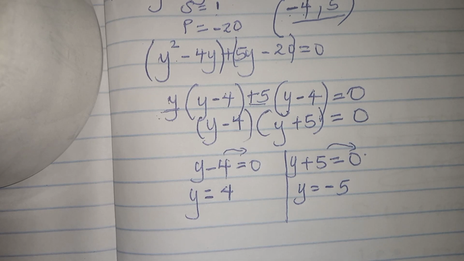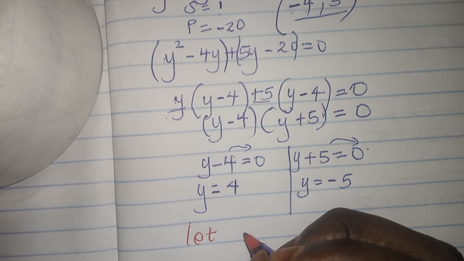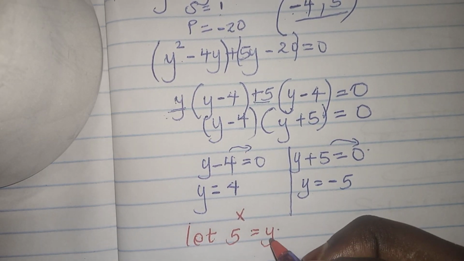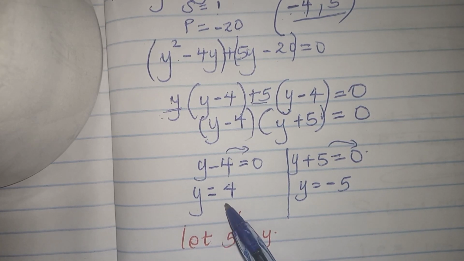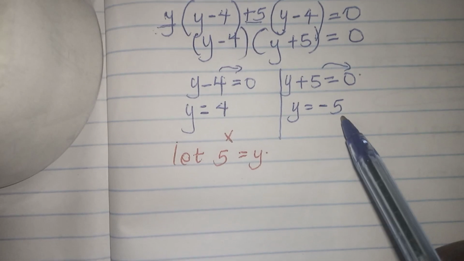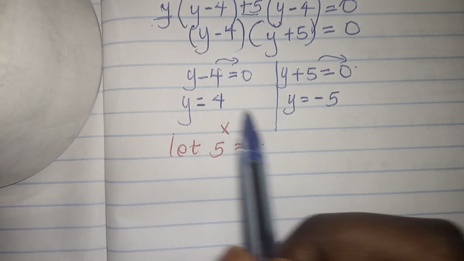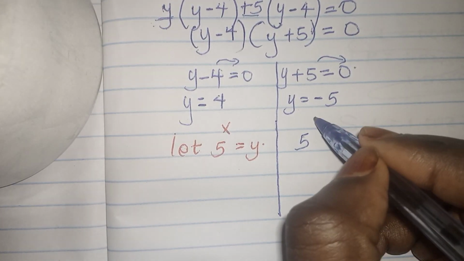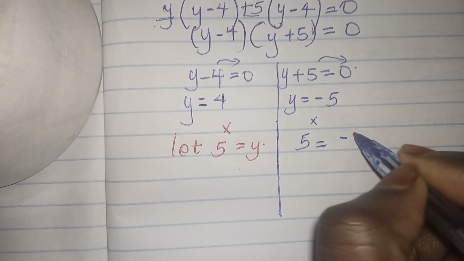And remember, we had said let 5 to the power of x be y. So 5 to the power of x be y, and we have the value of y as 4 and we have the value of y as negative 5. We are going to substitute here. So I'll begin by this side. 5 to the power of x is equal to negative 5.